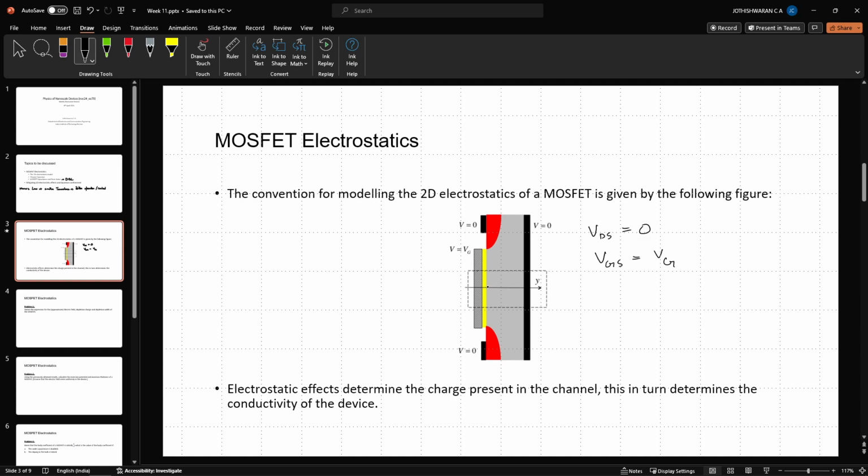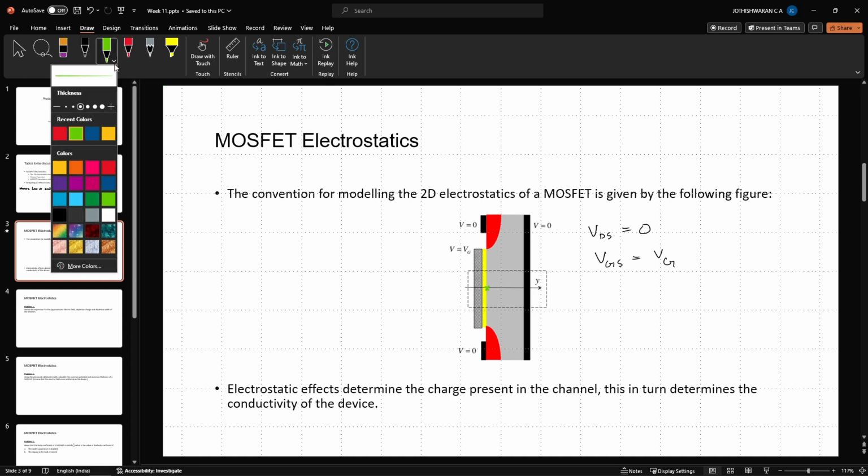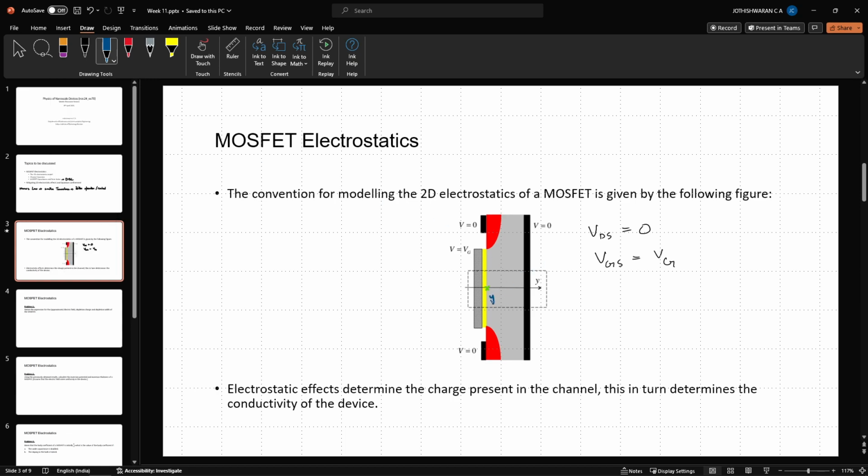And this point over here is y equal to 0. The point at the insulator semiconductor interface, the oxide semiconductor interface, is taken as y equal to 0.